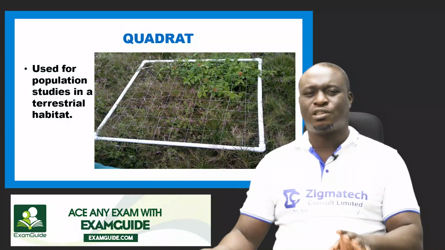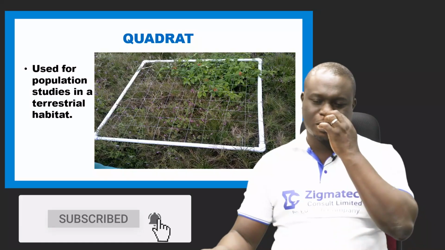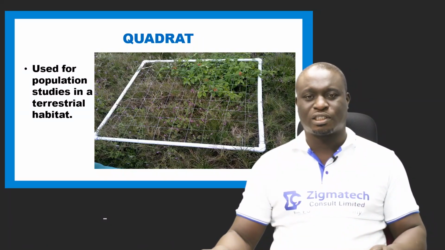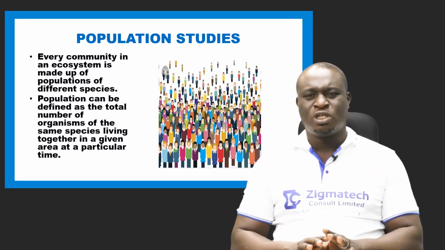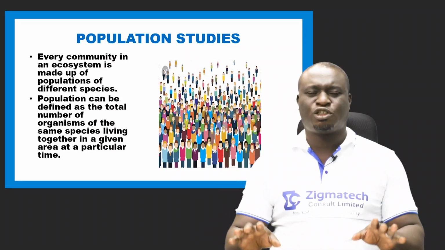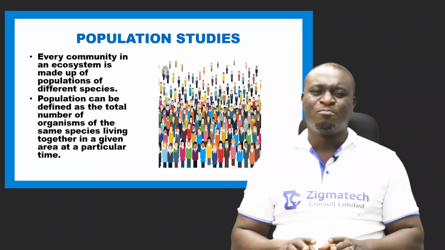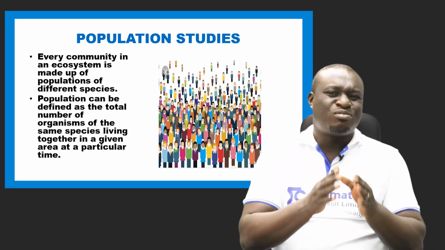Now, the next thing to discuss under this particular topic is population studies. What is population in the first place? It is important to understand the definition of a thing. Population can simply be defined as the total number of organisms of the same species.